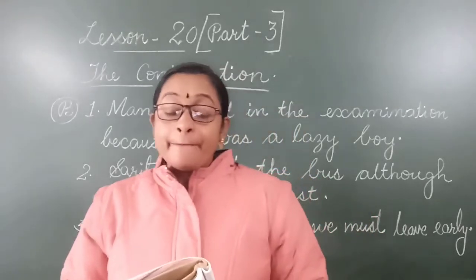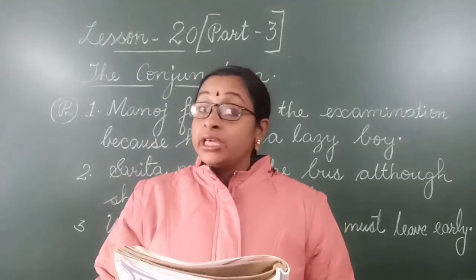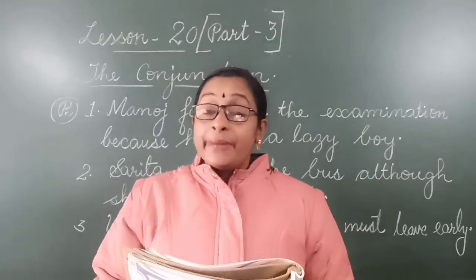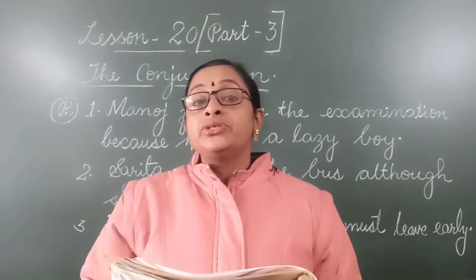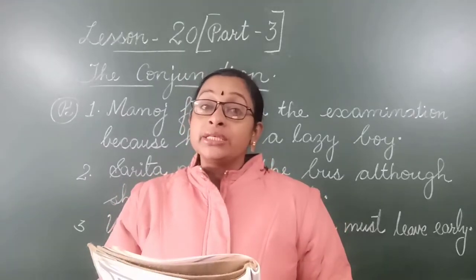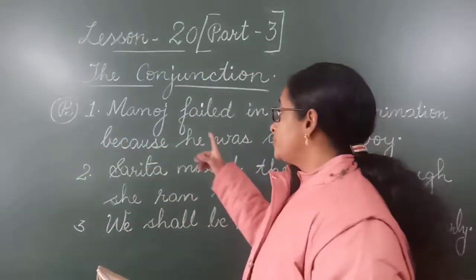Read number 1. Manoj failed in the examination. Why he failed? He was a lazy boy. Manoj failed in the examination. He was a lazy boy. So how will you write? How will you join it? I have written, children, on the board.